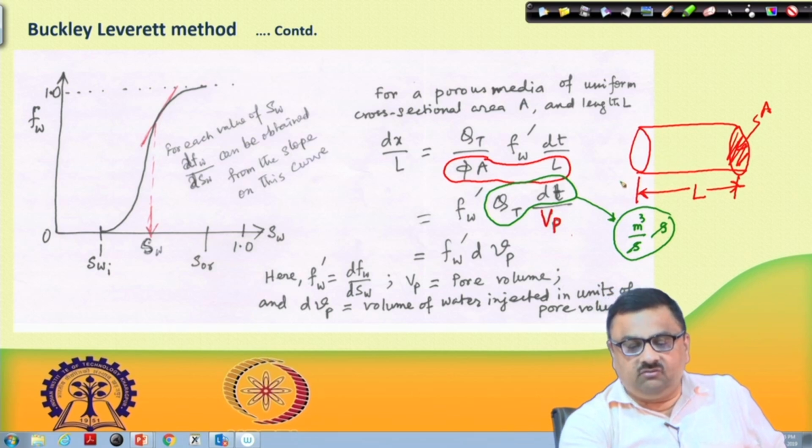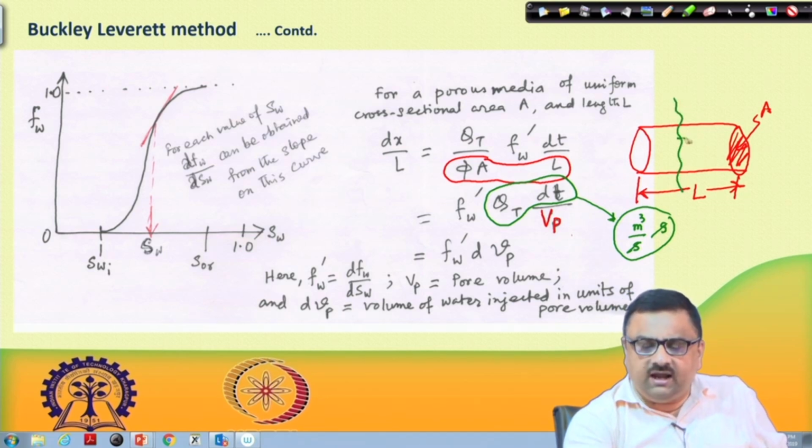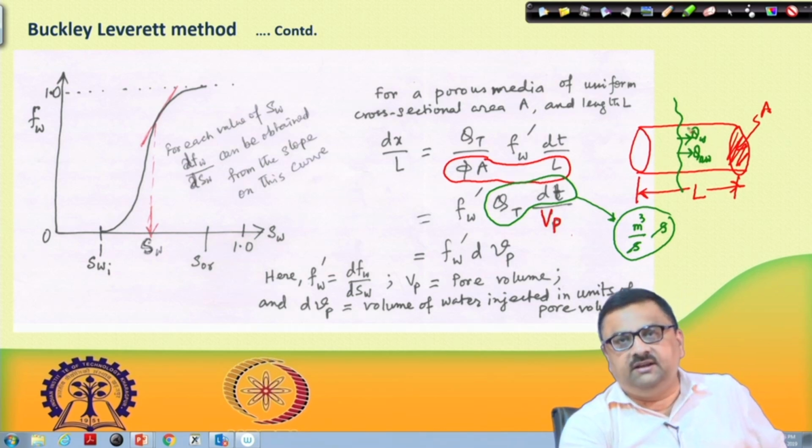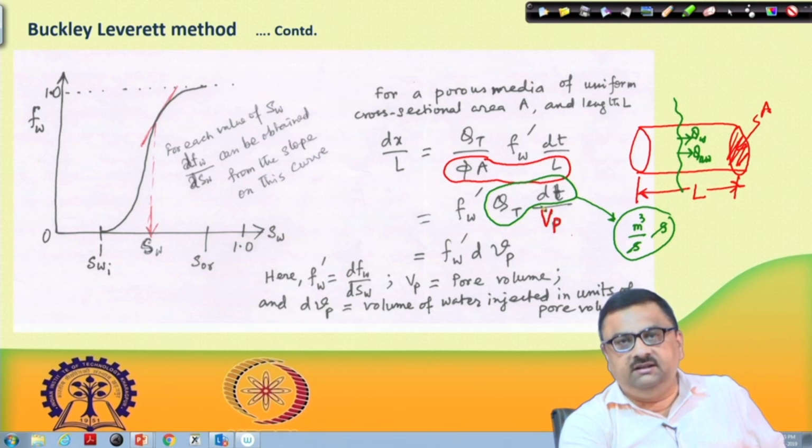Since it is a steady state process, at any location I have some amount of QW, the wetting phase flow rate, and some amount of QNW, the non-wetting phase flow rate, and the sum we call QT. So QT dt is the total flow that has taken place at any location over time dt.